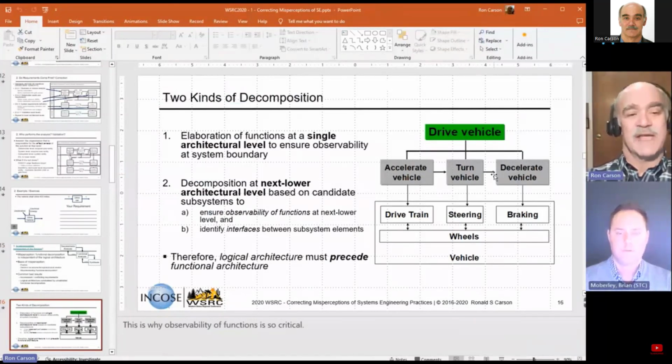So rather than doing functional analysis ahead of defining the logical architecture, we actually need to define the logical architecture in order to identify where the interfaces are going to be. So functional decomposition has to happen after we propose a trial architecture of what the elements are at the next lower level.